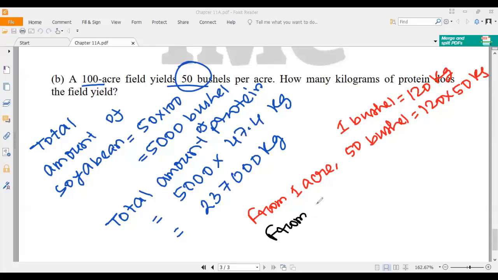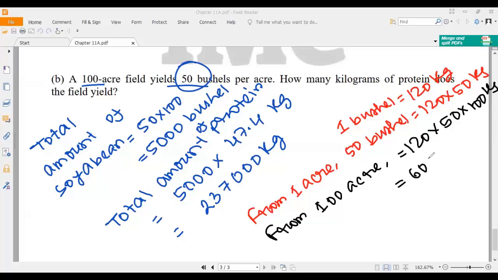From 100 acres, we will find 120 multiplied by 50 multiplied by 100 kg of soybean. I hope you understand this part properly. So 12 fives are 60, and then 4 zeros. 6 lakh kg of soybean we will get from 50 bushels. So in total, 6 lakh kg of soybean we will get from the 100-acre field.